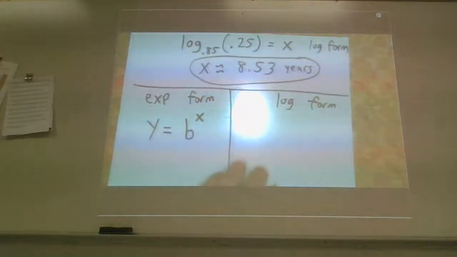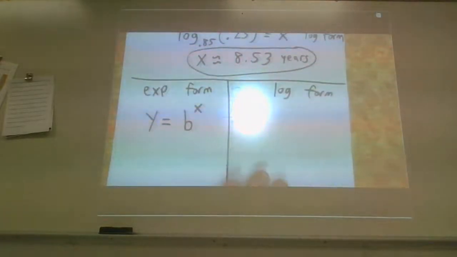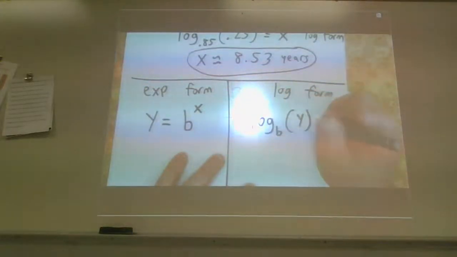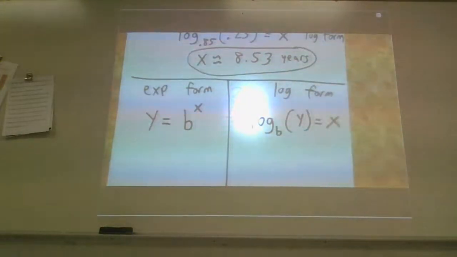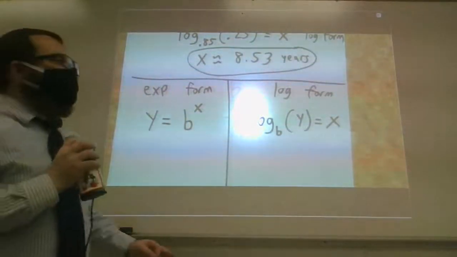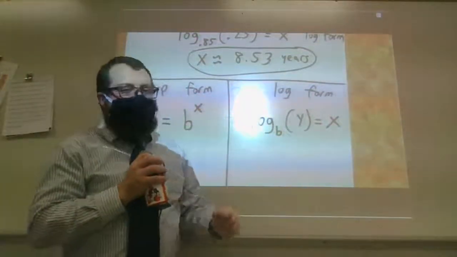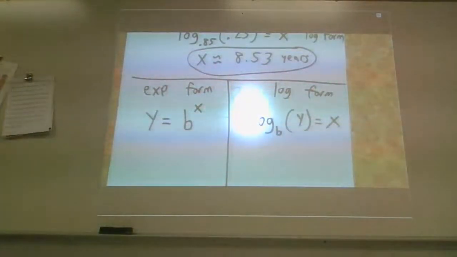Whenever you have exponential form like that, y equals b to the x power, it is the exact same thing as this logarithm form right here: log base b of y equals x. Again, just reiterating the fact. Logarithms allow you to get the x by itself. Logarithms allow you to isolate the exponent in these problems.